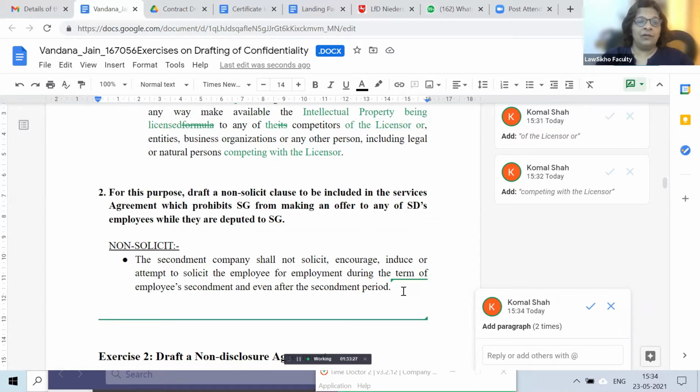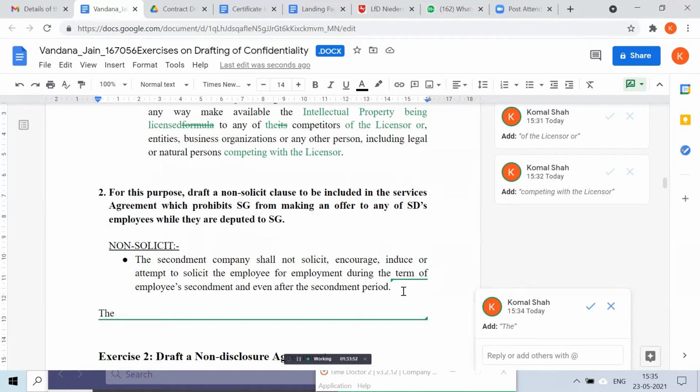So here your clause will be that, see, what will be a definition in a service agreement? One of them is a service provider, and if one is a service provider, what is the other party called? Recipient. Either recipient of services or client or simply company.